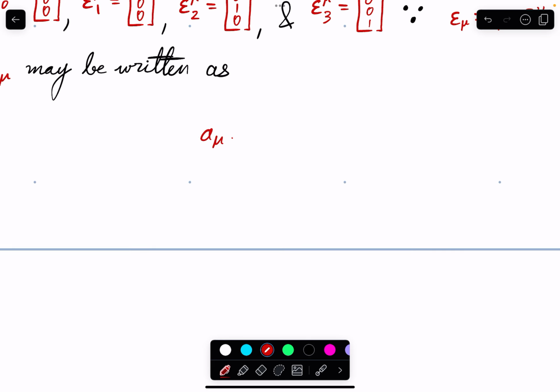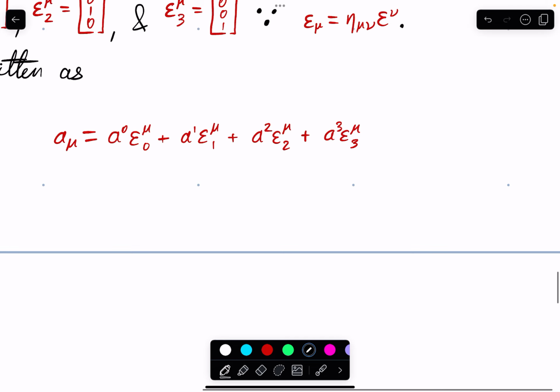So A mu can be written as A naught, A1, A2, A3.